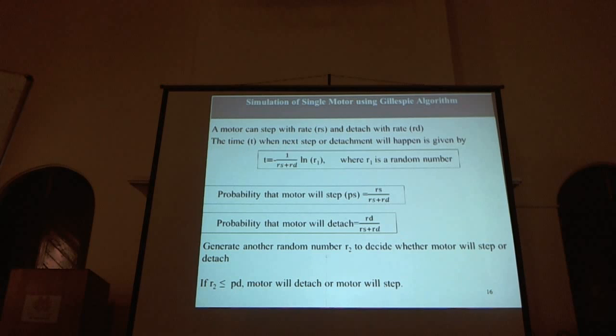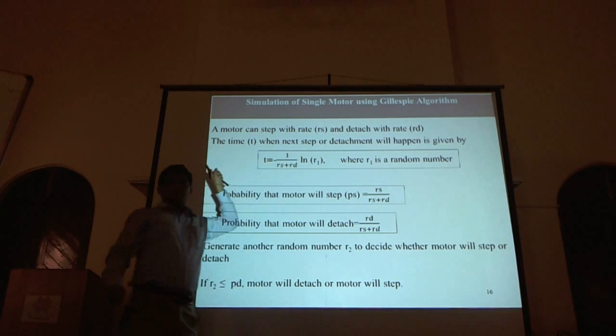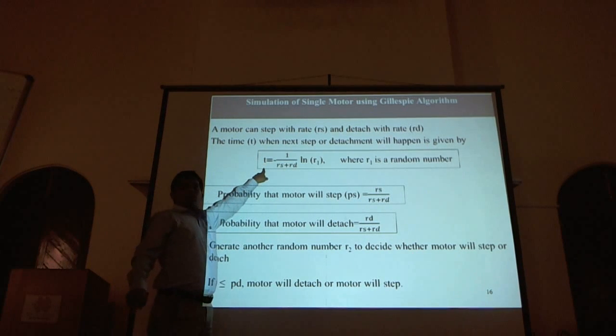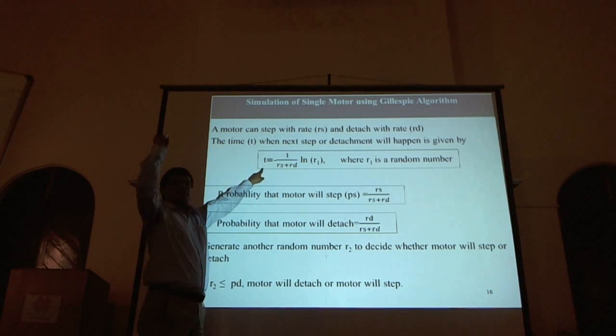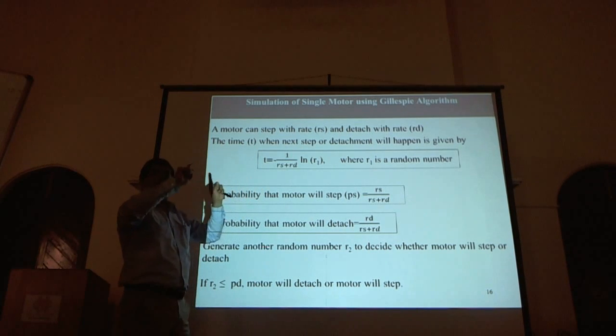So in the total method, at every time step I was checking whether PS will happen or PD will happen. Here, I will take the rates of stepping RS and RD. Using those rates I will calculate at what time my next event will happen, whether it is detachment or stepping, I don't care.